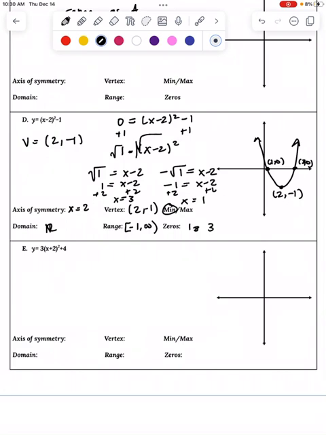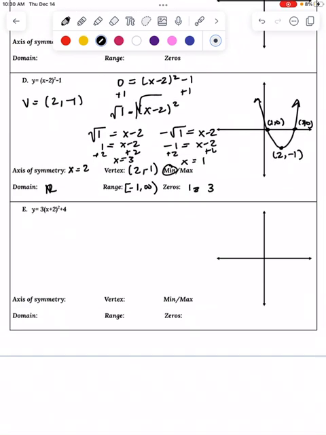All right, last one, our vertex is -2, 4. So the axis of symmetry. And it's gonna be a min because that number is 3 in front. Domain.